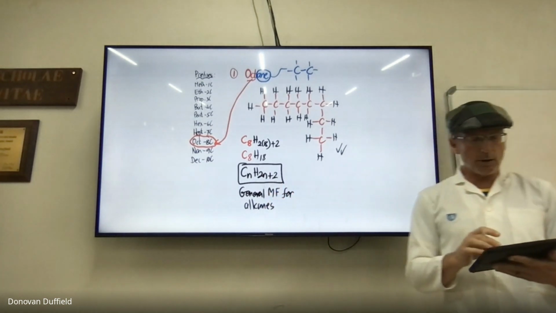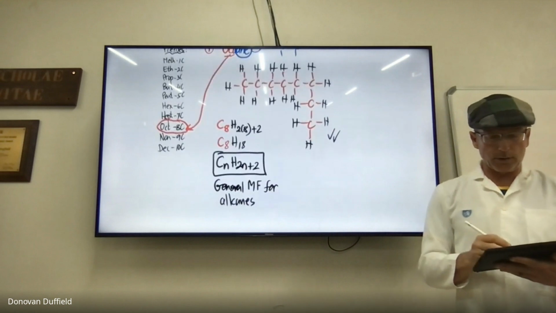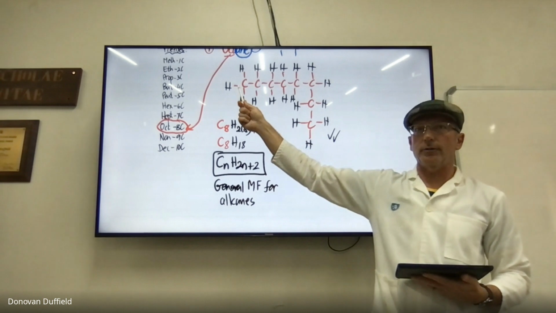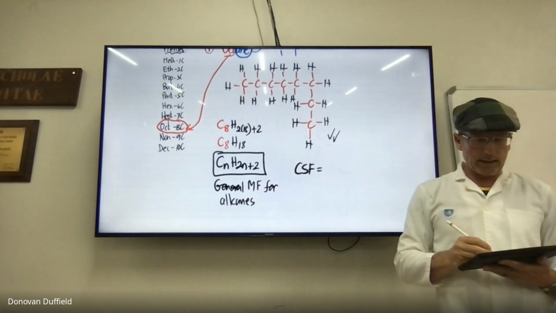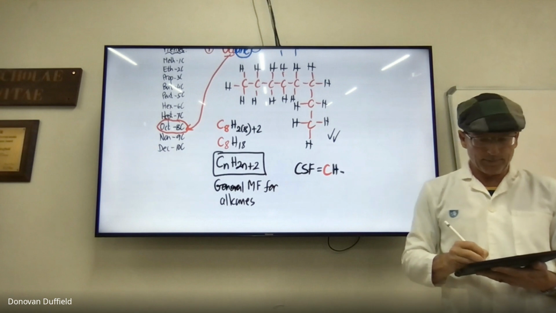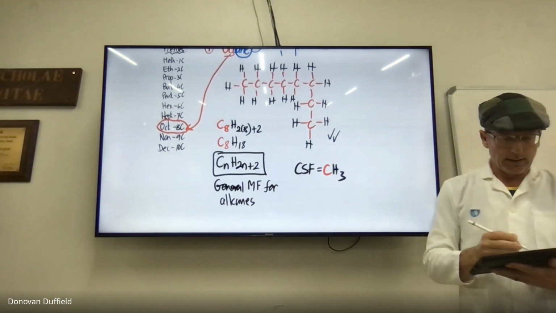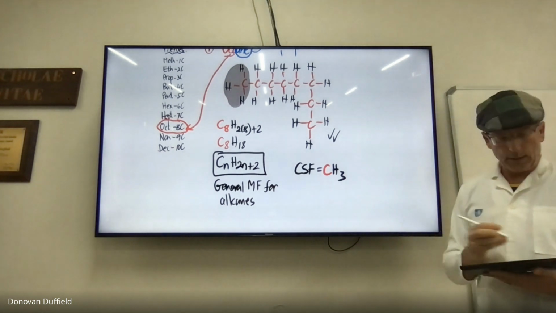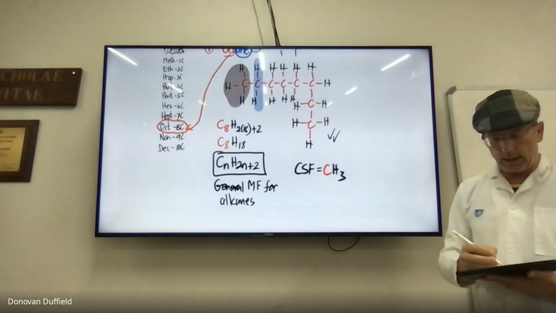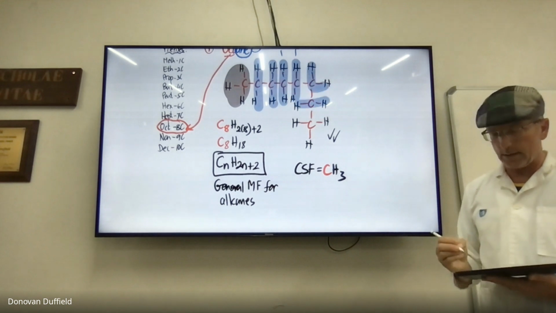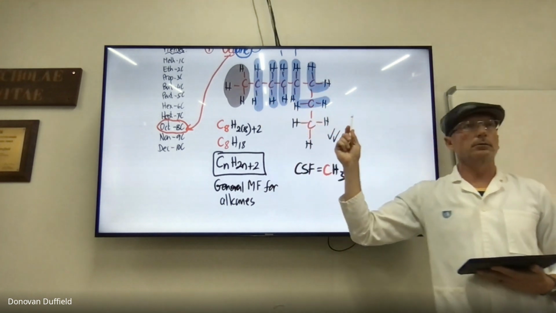Okay. Let's look at the condensed structural formula. I'm going to start on the left-hand side. That is CH3. So what I've done is I have started there. But now what I want to show you is, can you see there's 6 of the same thing?